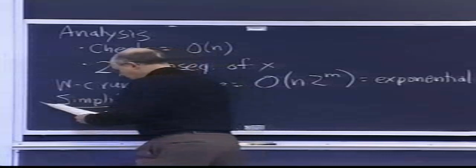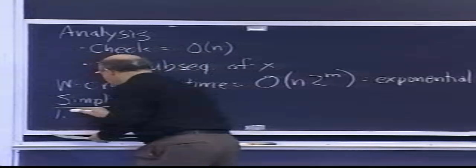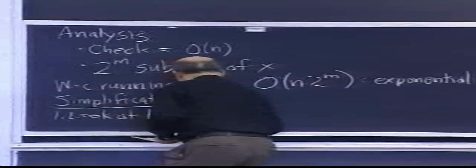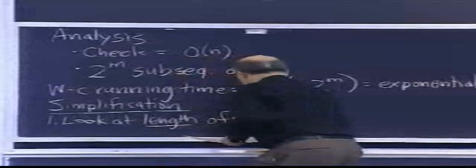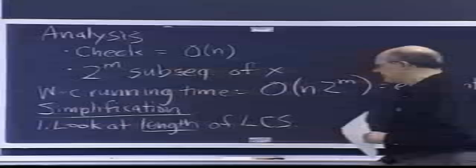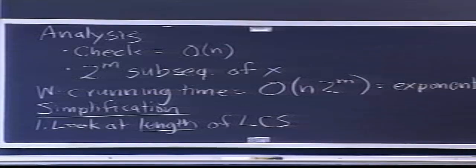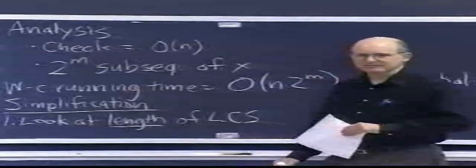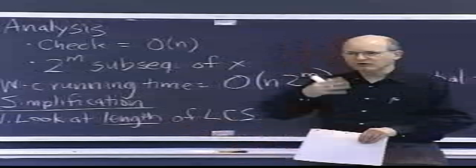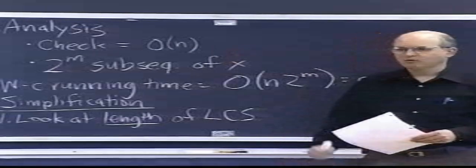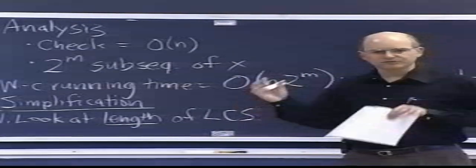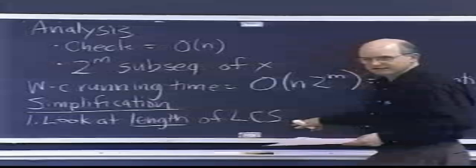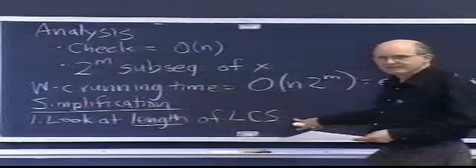And that is, we're going to look at the length of the longest common subsequence rather than the longest common subsequence itself. Because the length of a longest common subsequence actually is unique. And focusing on length, that's just a number.